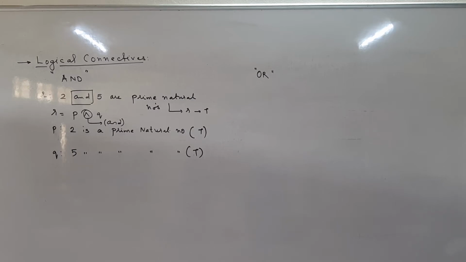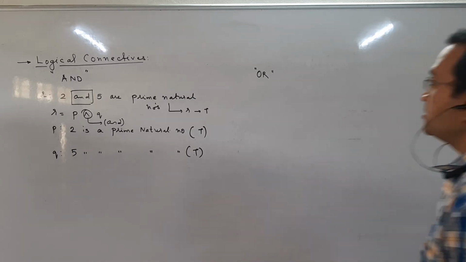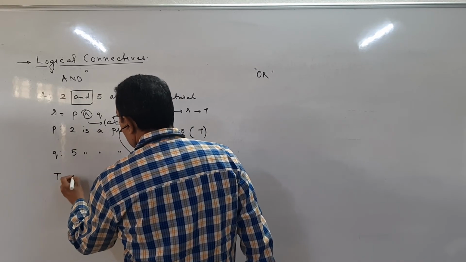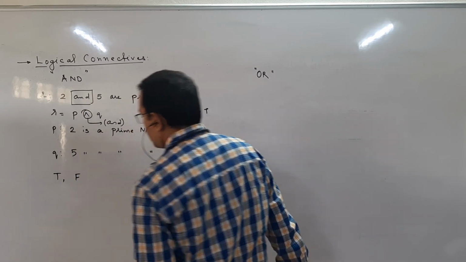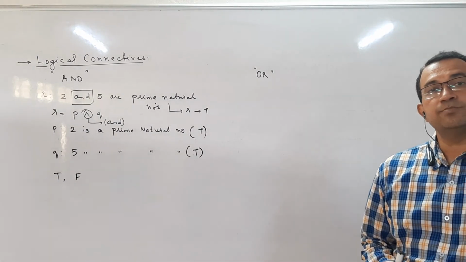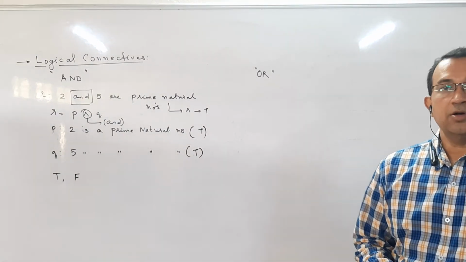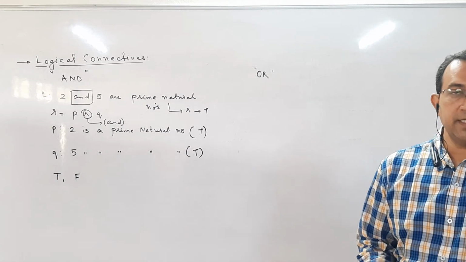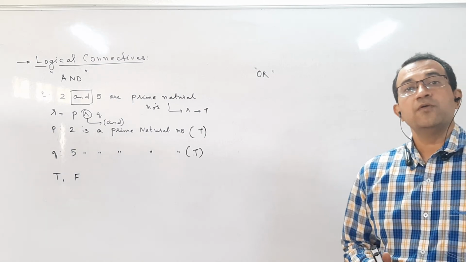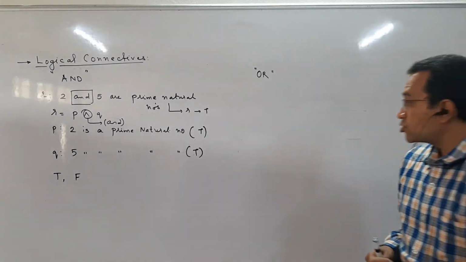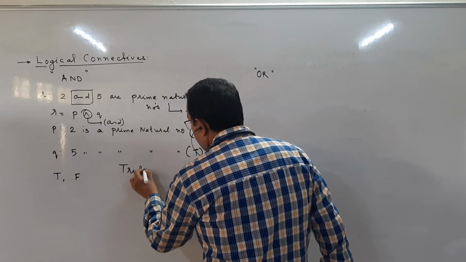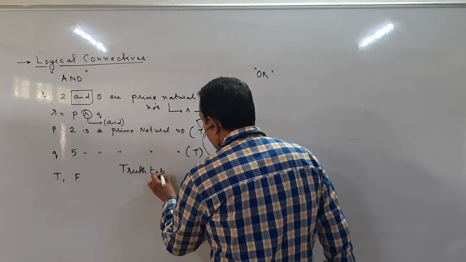Now students, a statement, whether it is simple or compound or any type of statement, has two possible truth values, either true or false. Now students, I am going to define something different not given in the textbook, and that is the truth table.